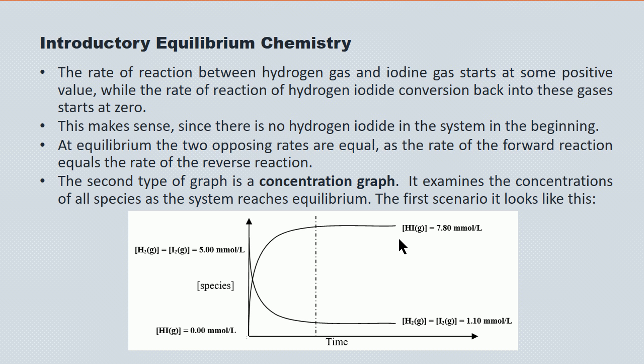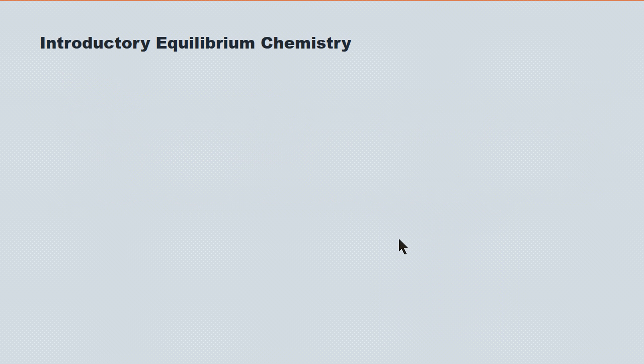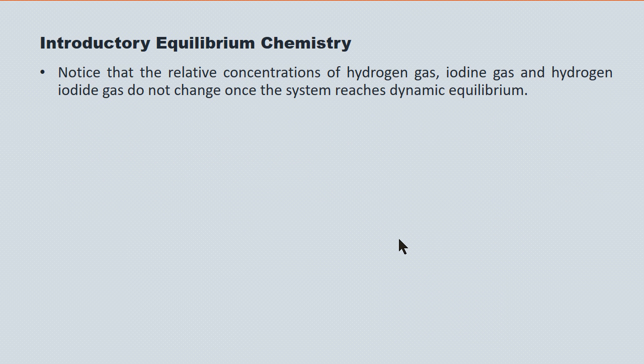We see here that the hydrogen iodide is 7 times more concentrated than either the hydrogen or the iodine. Equilibrium is not about equal concentrations, it's about equal and opposing rates of chemical reaction. And again, the relative concentrations of hydrogen, iodine, and hydrogen iodide do not change once the system reaches dynamic equilibrium, but they're not equal.